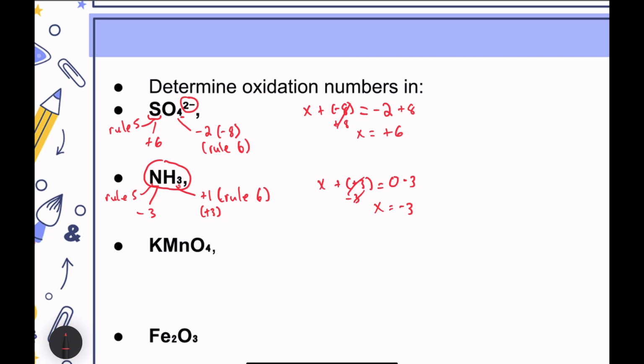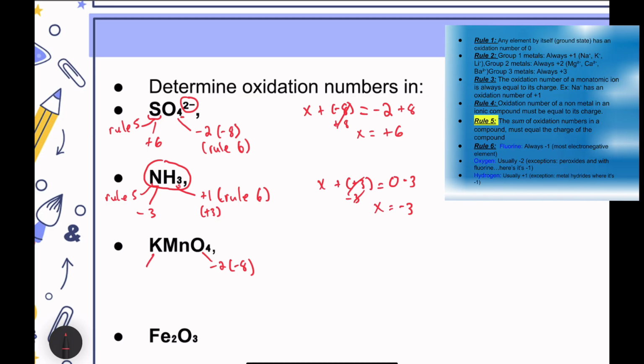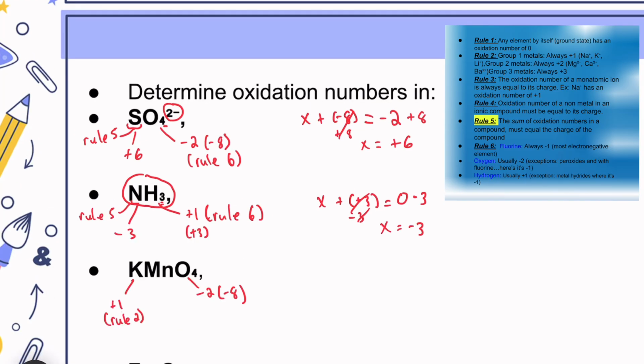Now following the same trend, we're going to start off with the rules that are most obvious. That's the oxygen here, -2, which in total is going to be -8. And your potassium is +1. It's +1 because, like the previous rules stated, any element in group 1A is going to be +1, and that is by virtue of Rule 2.